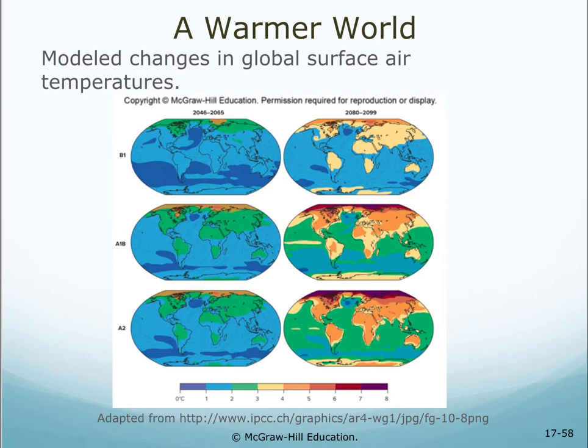The warming effect is least for sections of the Southern Ocean and the Northern Atlantic Ocean, and greatest for the northernmost latitudes. The predicted temperature increases for the United States are between 2 and 6 degrees Celsius, or 4 and 11 degrees Fahrenheit, except for Alaska, where the temperatures may increase by as much as 18 degrees Fahrenheit or more.